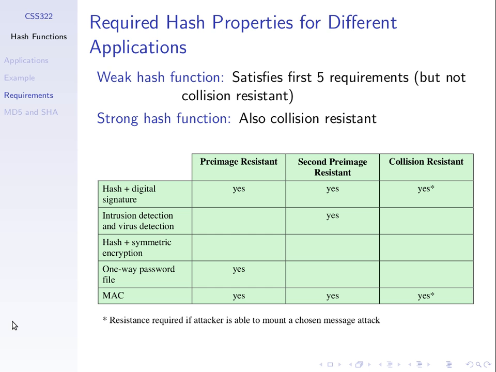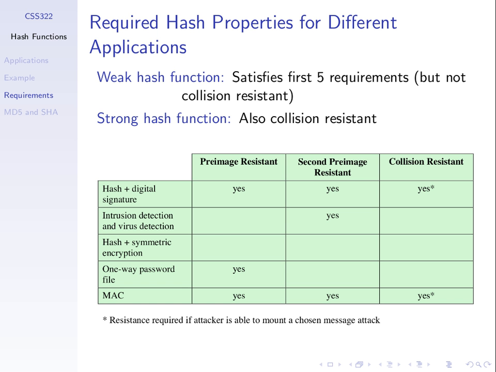Because the strong collision resistant property is easier for the attacker, then it's harder to provide as a service. That is, most algorithms provide the first two properties, one-way property or the weak collision resistance, but not all of them provide the strong collision resistance property.